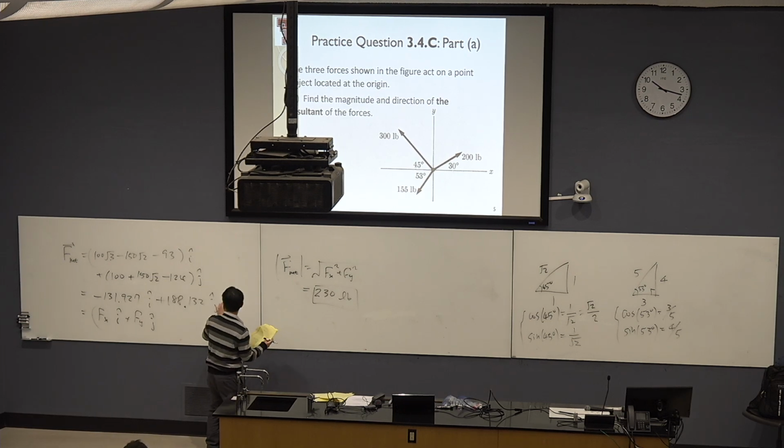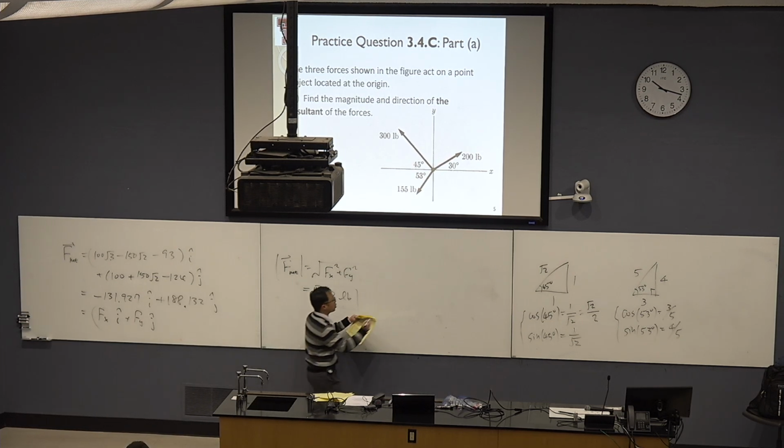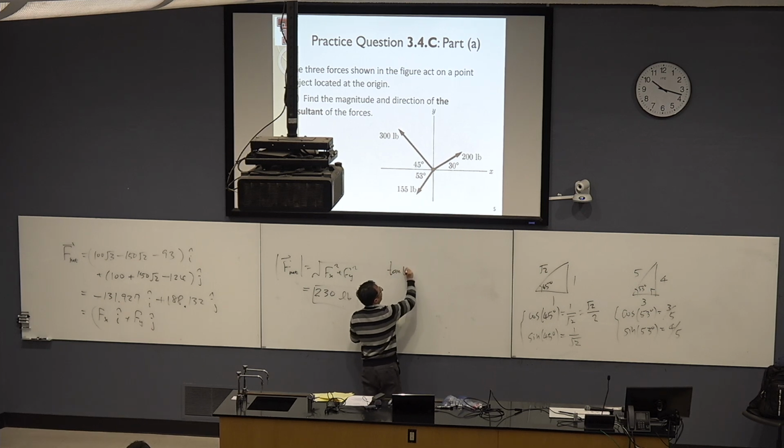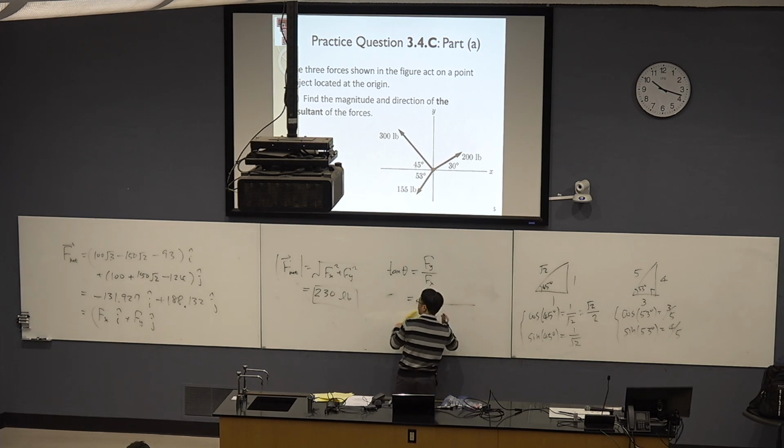For direction, you consider tangent theta. So we did this before. Tangent theta equals fy over fx, right? So let's consider this ratio here. Here you have 188 as fy, and negative 131 point something as fx.